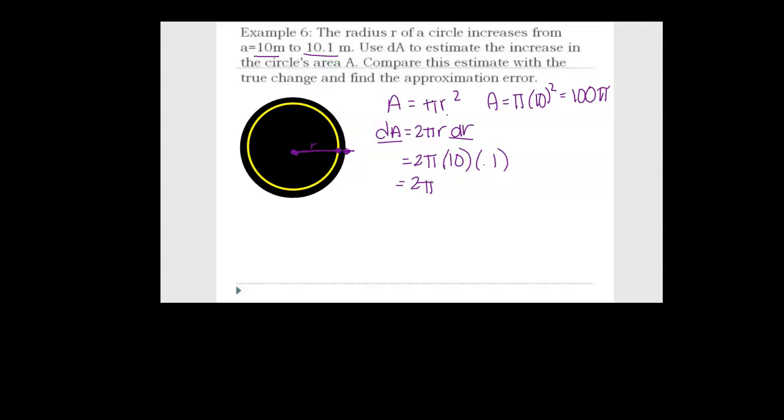So we're talking about the change in area. So area is always squared. So this would be 2 pi m squared. Again, taking into account r was in meters. The change in r would also be in meters, so you would have meters times meters if you were trying to figure it out that way as well.